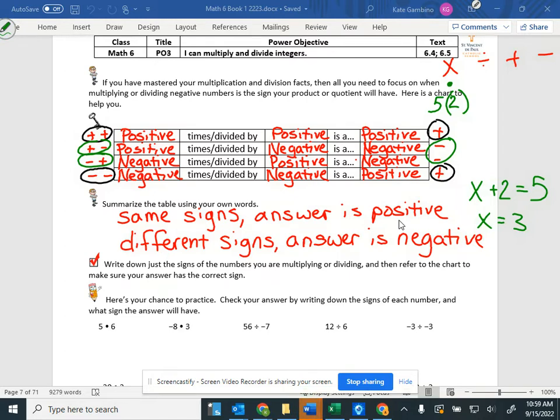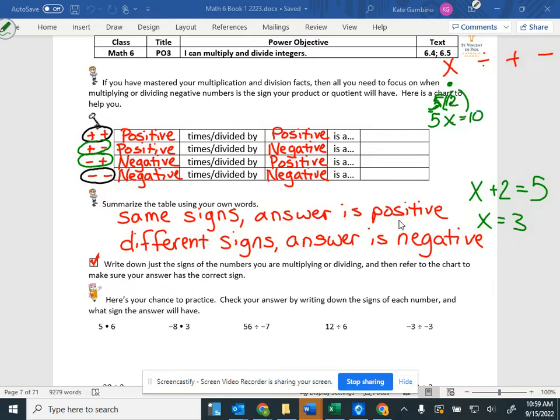Same thing if we had 5x, when there's no operation in between them, it means that we will multiply. 5 times what equals 10?